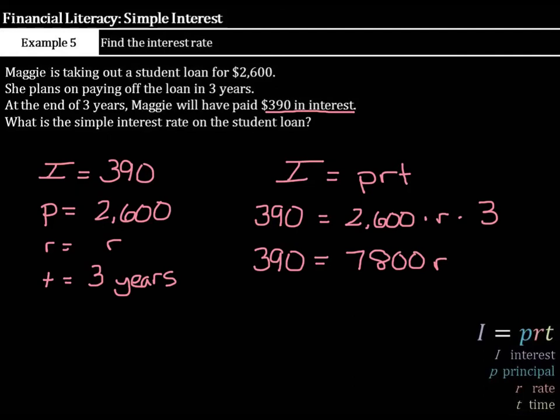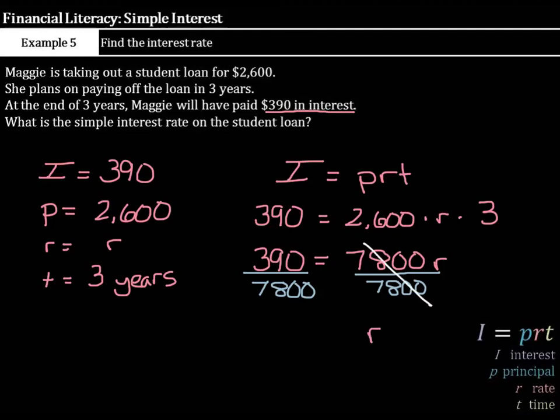Well, now we have a one-step equation we need to solve for. We want to get our R alone. So if we divide by 7,800 on both sides, this cancels.